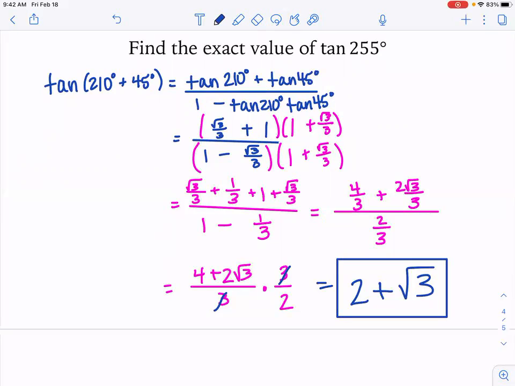Now, if we would have chosen a 60-degree angle of some sort to use, like our 120 plus 135, we would have had to rationalize with radical 3, but there wouldn't have been fractions in a fraction, and we would have been able to take out a step. So my encouragement to you would be, if you're choosing angles for a tangent sum or difference, I would really try to find a 60-degree angle so you don't have to worry about fractions in a fraction. Okay.